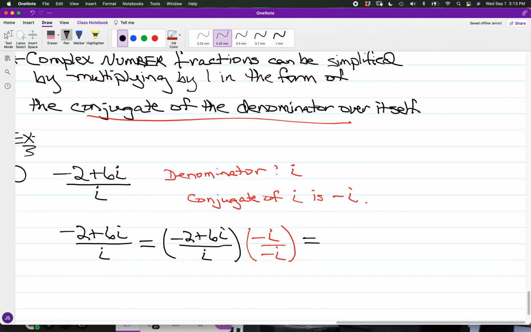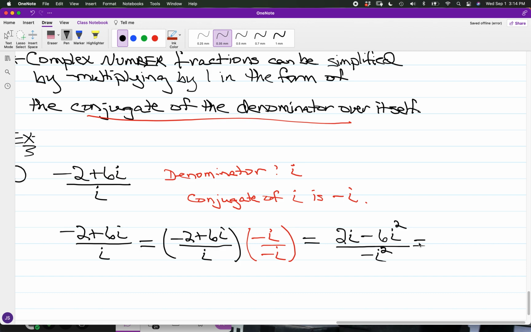Distributing, I have negative 2 times negative i, so we have a positive 2i, we have plus 6i times negative i, so positive times negative is a negative 6i squared, and for i times negative i, we have a negative i squared.